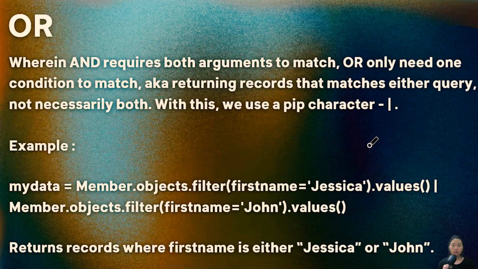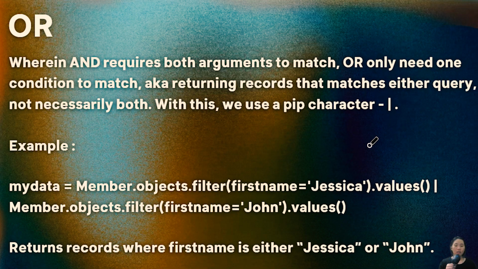All right. Let's move on to OR. This is a little bit different from AND. As I've mentioned, AND requires both conditions to be true. OR only needs one condition to match. Now, if both conditions actually match, OR is going to be very picky with this.